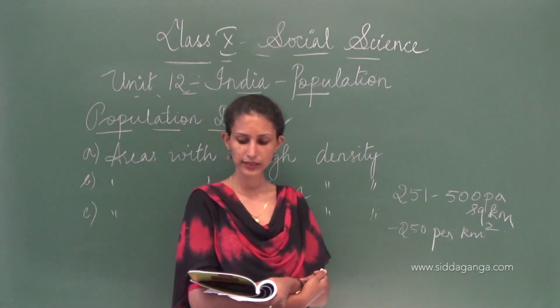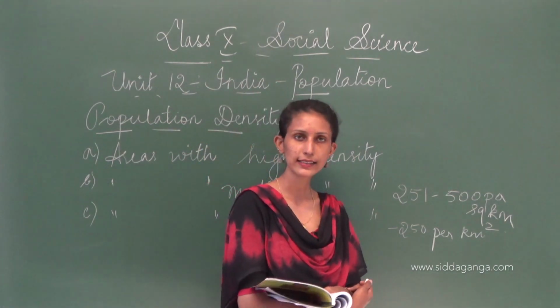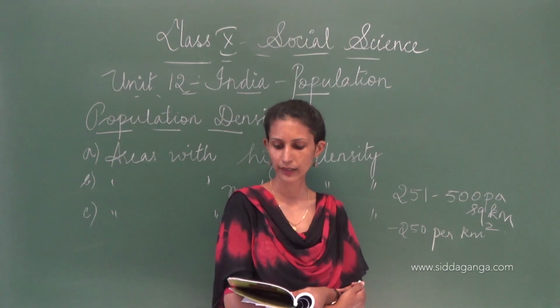So areas with low density, that is less than 250 members per square kilometer.